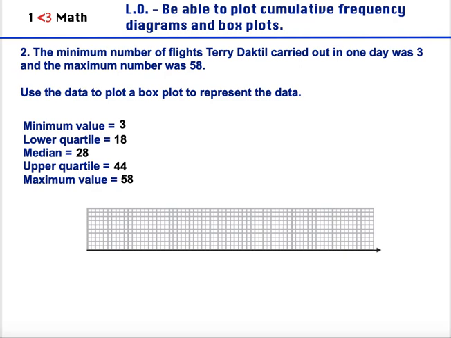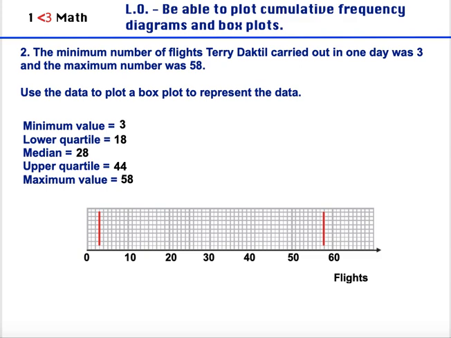That's the data from the cumulative frequency curve and these two new values that we have. And we need to plot them on a box plot. Sometimes it's called a box and whisker diagram. You'll see why. So we put our numbers on our axis, and that represents flights. Now, the minimum value was 3, so we draw a line at 3. There we are. We also plot our maximum value, which is 58, so we draw a line there.